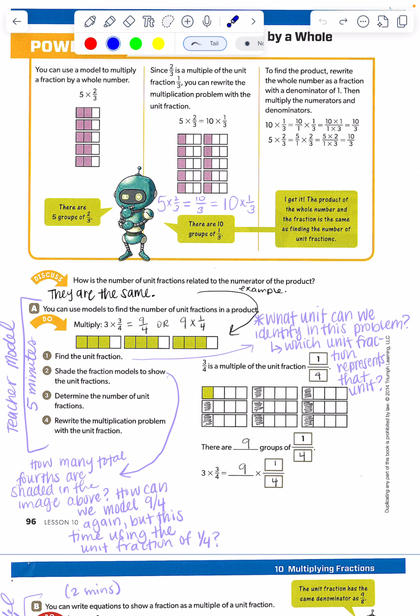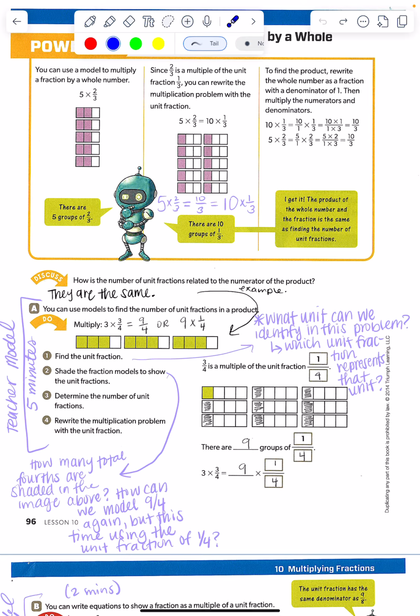We touched on this a little bit, I think, in lesson 35. This is just the different ways that we can write 3 times 3/4. We can write this multiplication sentence also as a unit fraction times a whole number, right? So students can identify that 3 times 3 is equal to 9.